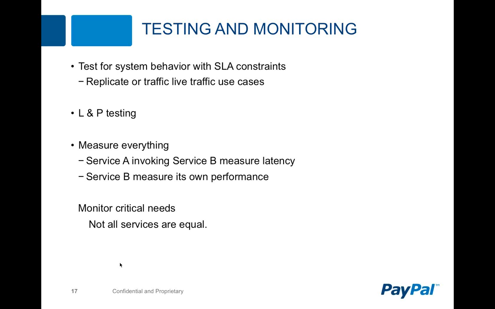The last thing I want to talk about is testing and monitoring. When you're building high throughput systems at scale, you have to replicate live use cases. You have to ping your systems with a live amount of data, live traffic data if possible. Take a percentage of traffic and see how your systems react.